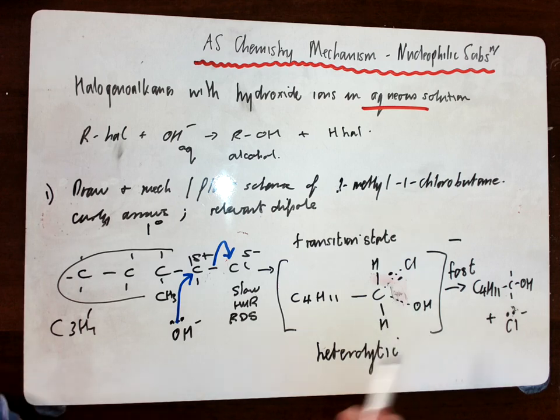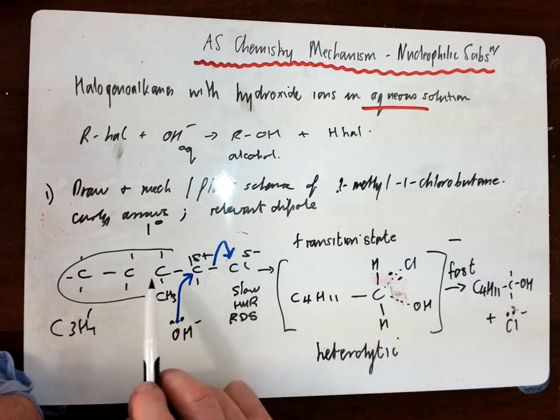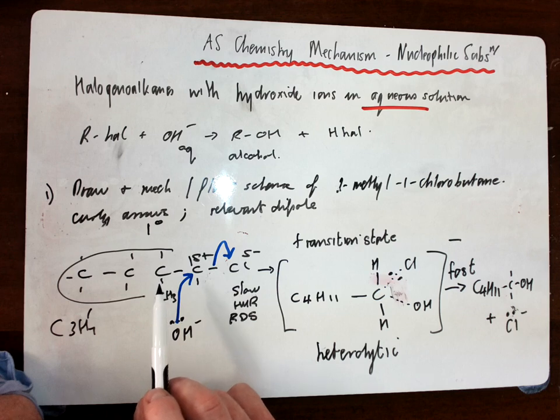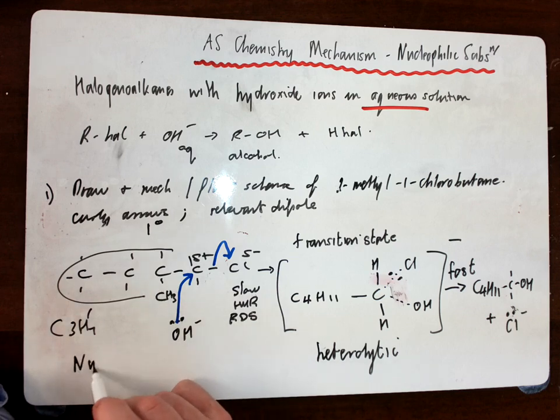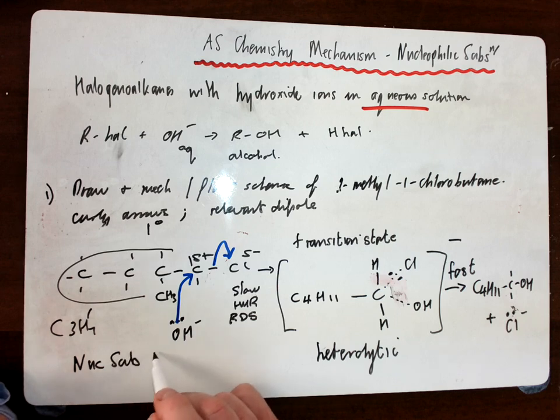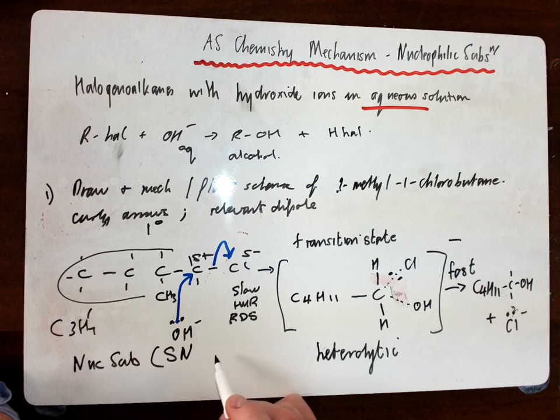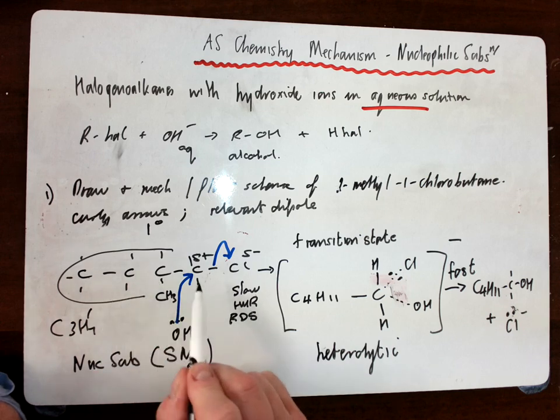This is an important step because it determines, to an extent, what we call this mechanism. The mechanism is obviously called nucleophilic substitution, but we also refer to it as SN2, substitution nucleophilic 2. And the 2 tells me how many particles are involved in this slow step.